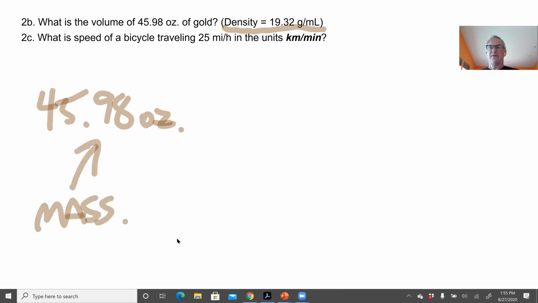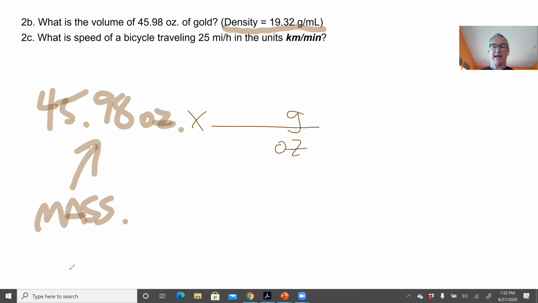So what's the conversion we're going to need? 1 ounce is 28.35 grams. There you go. Yeah, we need to convert mass to metric mass. So we need to multiply this by something. We want grams, and we want to get rid of ounces.